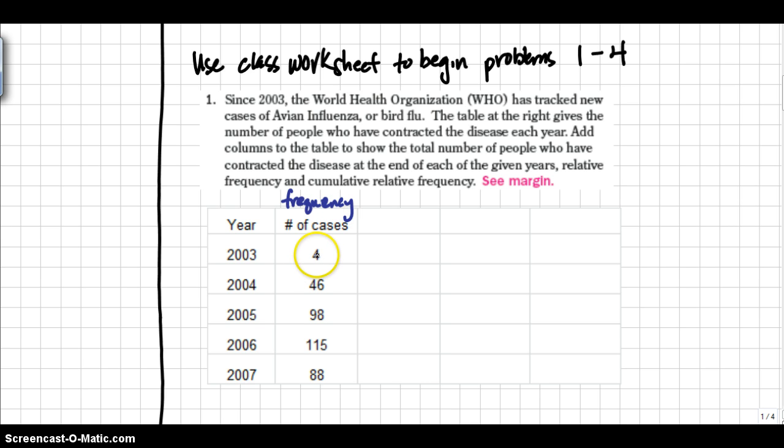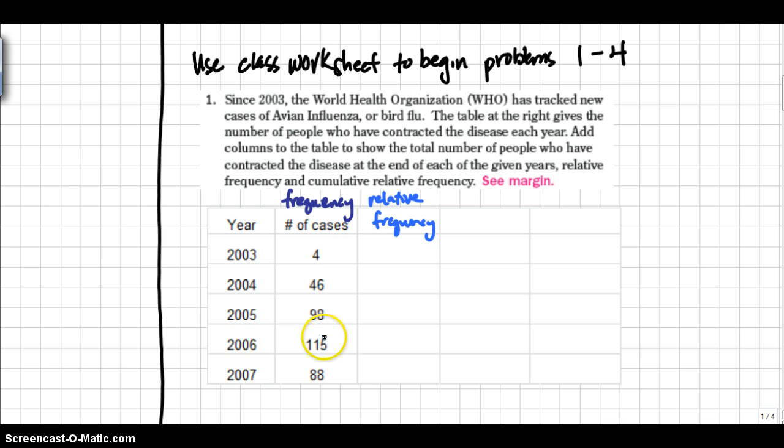So 4 people contracted the disease in 2003, 46 people contracted the disease in 2004, and so on. So if we needed to do the relative frequency, we would do that in the next column. And for that, since we just reviewed relative frequency previously, we know that it's the frequency divided by the total.